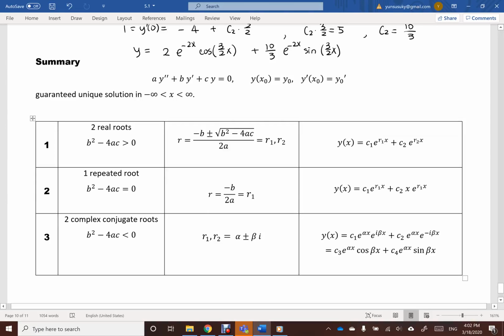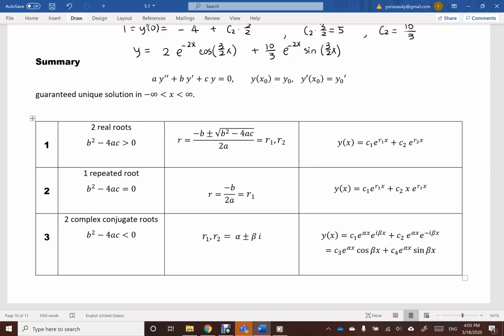Summary. So today we talk about how to solve second order linear differential equations with constant coefficients. And we have two cases, okay? So first of all, you gotta figure out what the characteristic equation is.